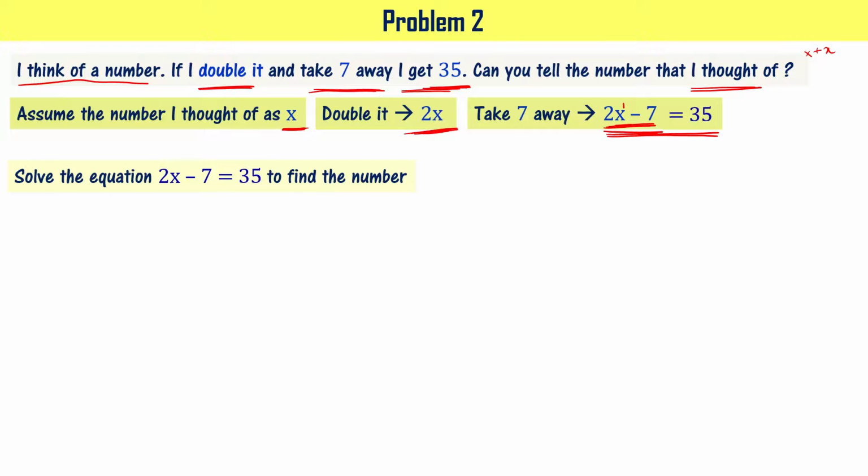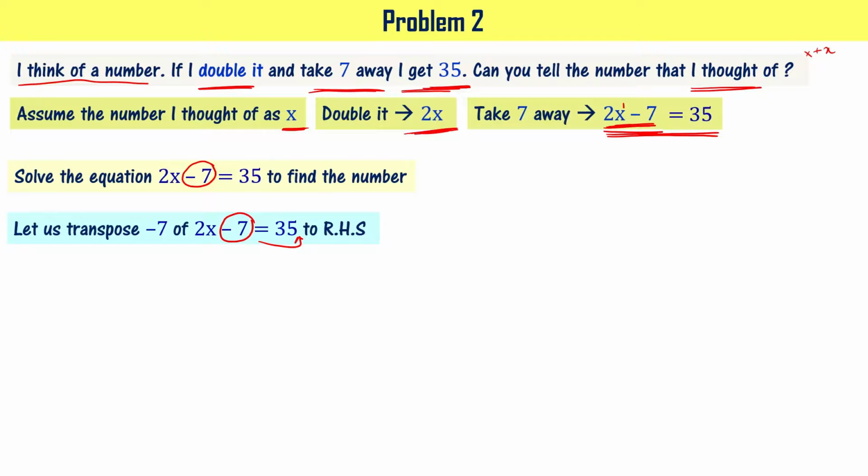We'll use transpose method. It means this minus 7 is there, right? Let us transpose minus 7 from left hand side to right hand side. When you do that, minus 7 becomes plus 7, right? It means I can write it as 2x equal to 35 plus 7. It means 2x equal to 42. Now look at this equation. 2x equal to 42 is another form of the given equation, right?